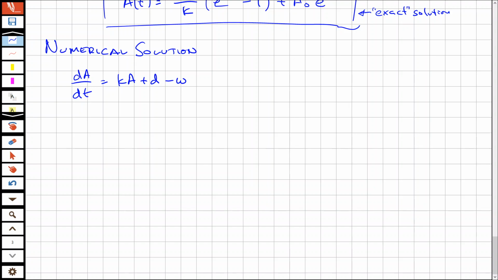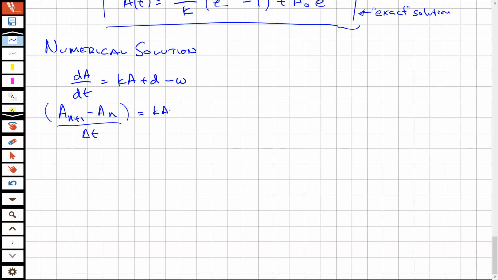And if we just look at this, we can say, well, I know my a at n plus 1 minus an, right? So this is all I've said on the left-hand side. I'm just writing this explicitly now.